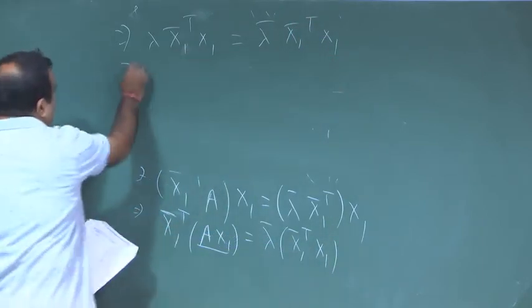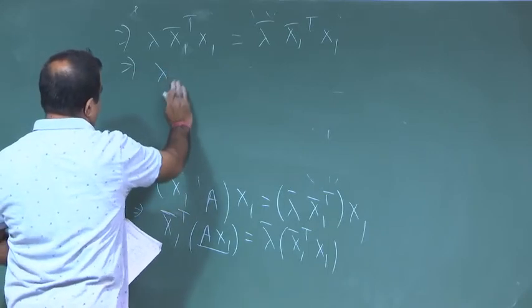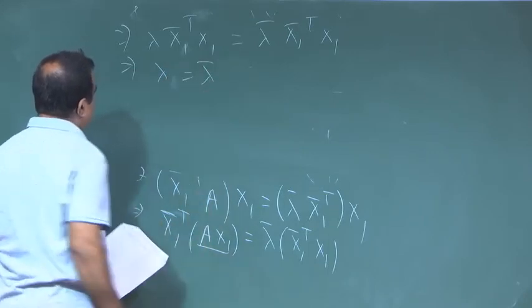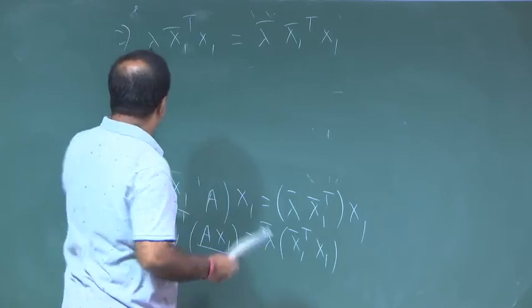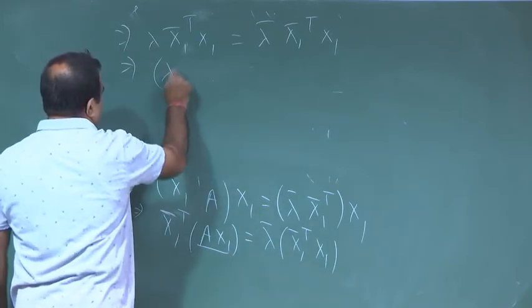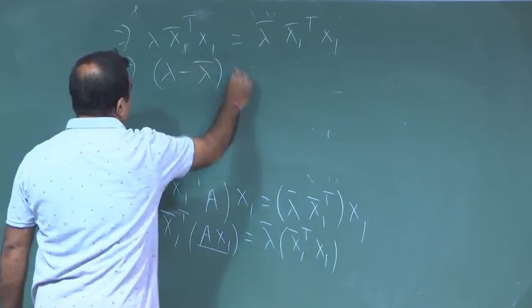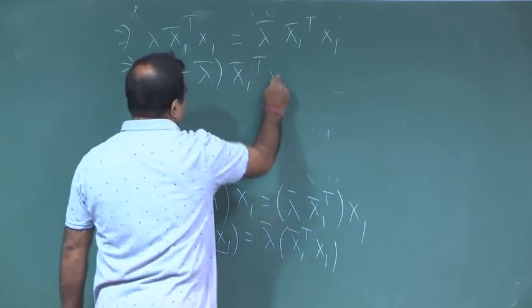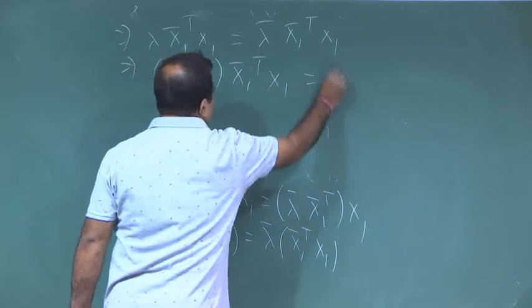Now, this implies lambda equals lambda bar, because if you take this side, lambda minus lambda bar times x 1 bar transpose x 1 equals 0.